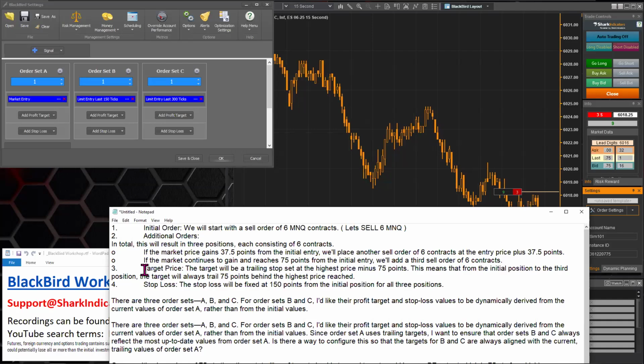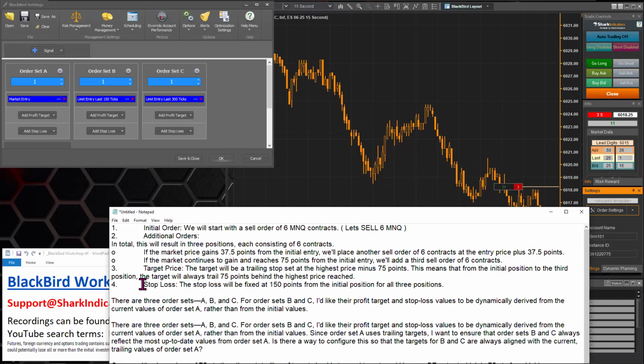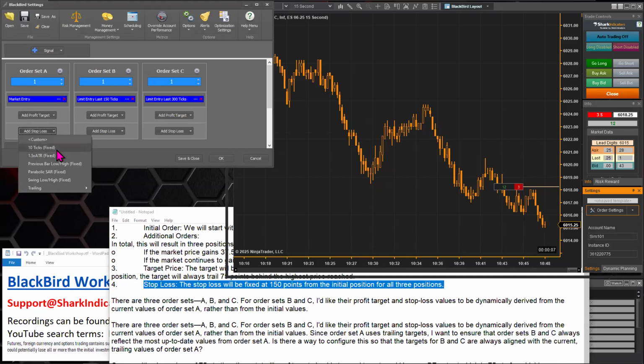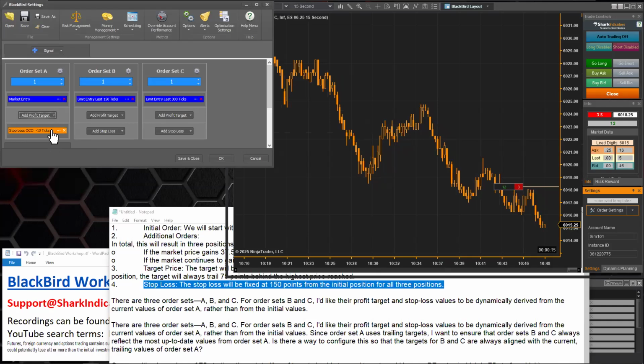So next part, let's take care of the easy part here. The stop losses are really easy. It's just 150 points from each entry price. So let's set that up here. Let's just go in and use the fixed offset, 150 points.